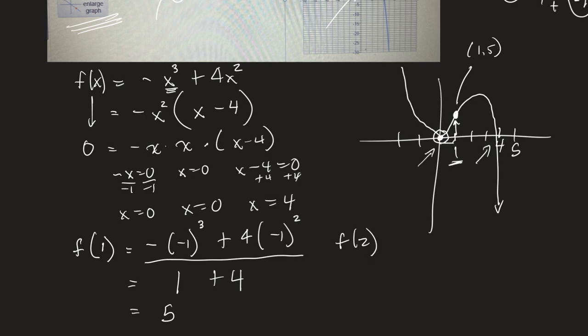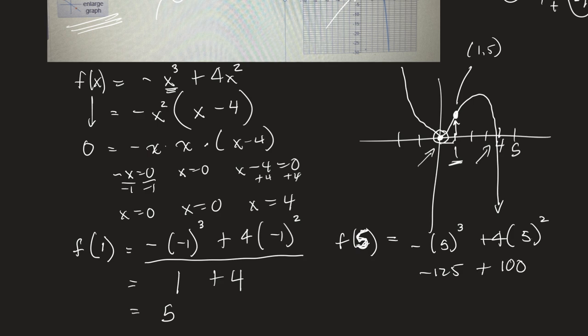Okay, f of 2 is, was I going to do 2? Or no, I was going to do 5. Let's do 5. So f of 5. That one might be too big. Well, let's try it. So negative 5 cubed plus 4 times 5 squared. 5 cubed is 125, so with the minus it'd be minus 125. 5 squared is 25 times 4 is 100.